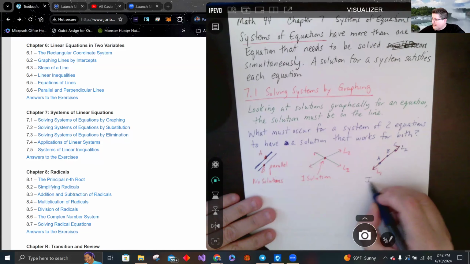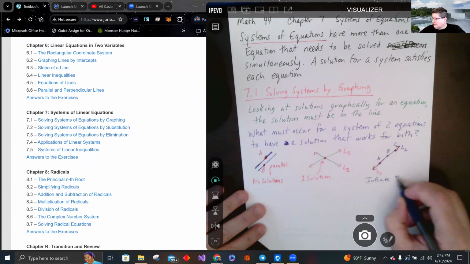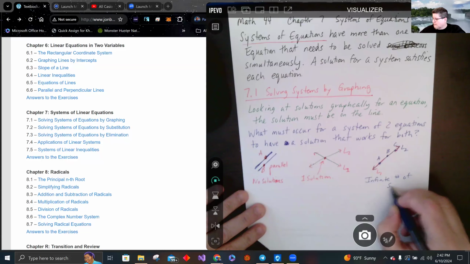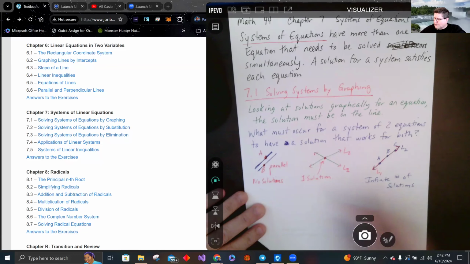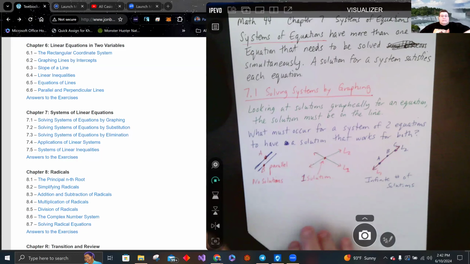Here, there's an infinite number of solutions along the line. So 0 solutions, 1 solution, and infinite solutions for lines.